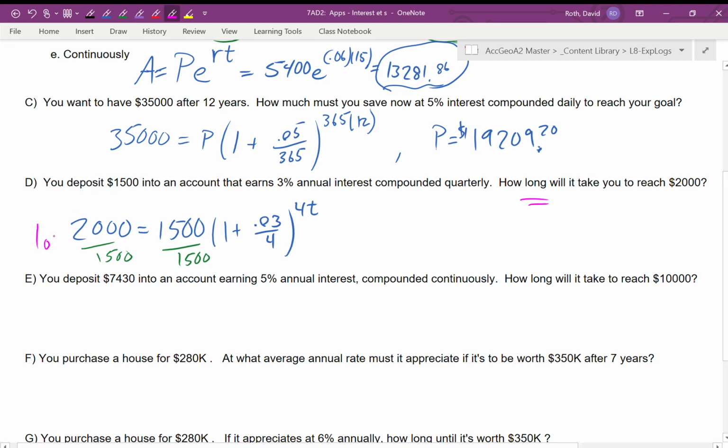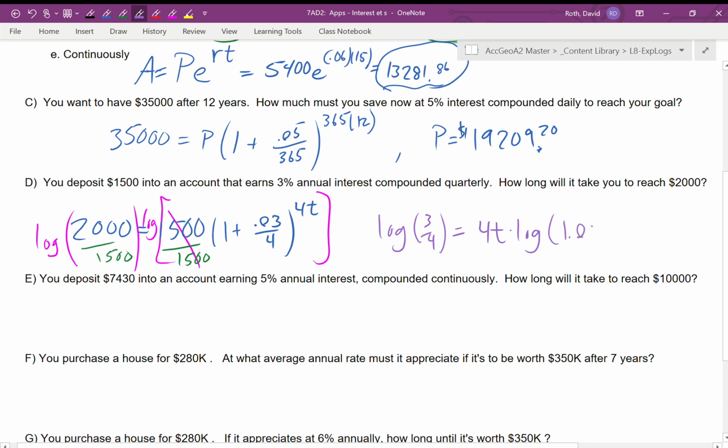Now we can log both sides. Log that whole side of the equation, and you should see that we're going to have the log of what reduces to 3/4 is equal to, and then the 4t comes on down the main line, 4t times the log, and then the 1 plus 0.03/4 is simply, if you want to write the decimal, 1.0075.